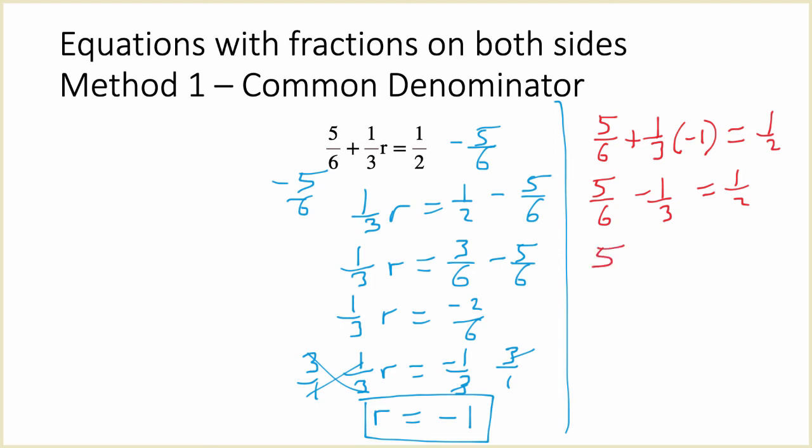And when I do that, I have to multiply numerator and denominator by 2. And I get 5/6 minus 2/6 equals 1/2. When I subtract this, 5 minus 2 is 3. 3/6 equals 1/2. And we simplify, we get 1/2 equals 1/2, which is true. So I have a solution, and I have my check. And yes, you will have to check stuff that has fractions in it.